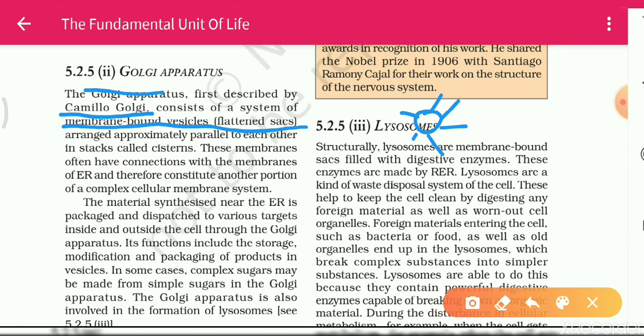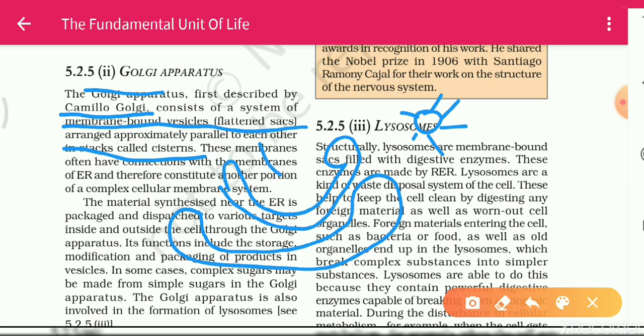That's why it is called membrane bound vesicles, flattened sacs arranged approximately parallel to each other in stacks called cisternae. Students know stacks means they are arranged like this, in a parallel way, near the nucleus or we can say the endoplasmic reticulum. This one is called the stack like structure, and this one is called the cisternae.